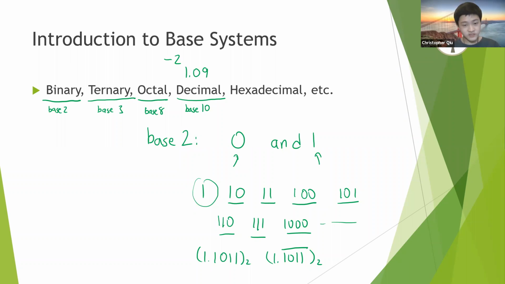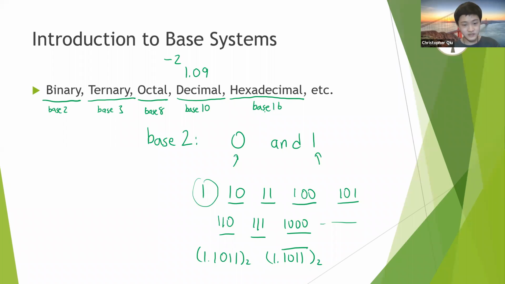But now let's look at the case where there aren't enough digits. So now let's look at base 16, or hexadecimal. Here we're answering the question, what if there aren't enough digits to write the number?